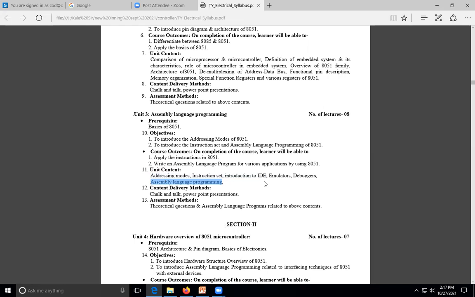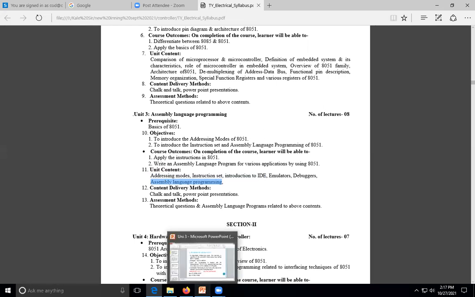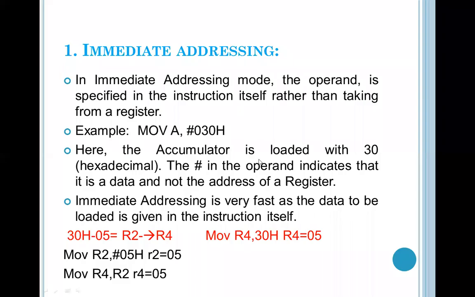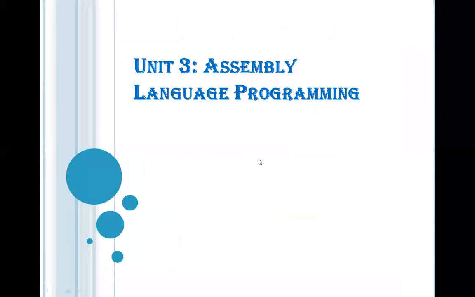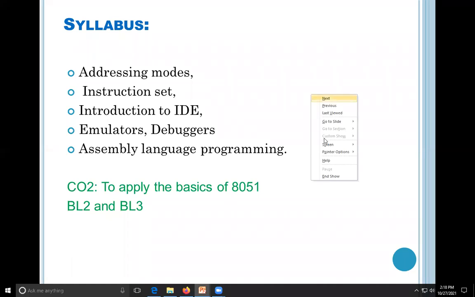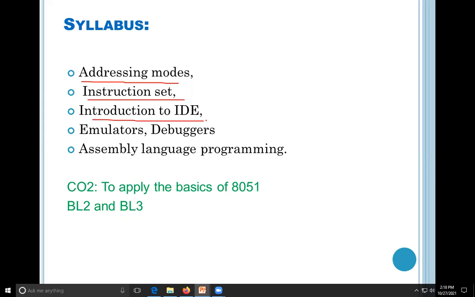Okay, so let's go to the PPT. Unit number 3, assembly language programming. The syllabus of this unit is the addressing mode, then the instruction set, then the introduction of the IDE.